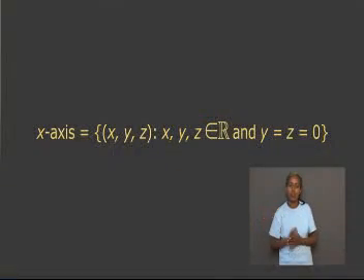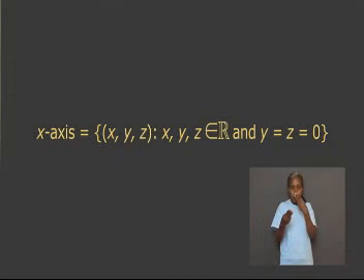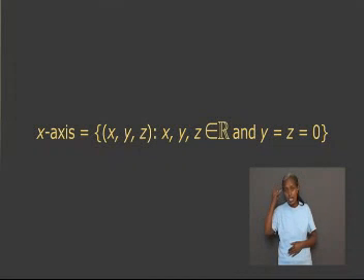Now you see that it is possible to describe some geometric figures in space through equations. For example, the x-axis is the set of all points in space whose y and z coordinates are 0. The mathematical expression of the idea is expressed like this.